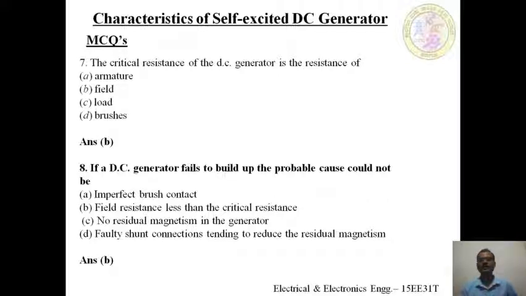The answer is B. The probable cause should not be field resistance less than critical resistance.